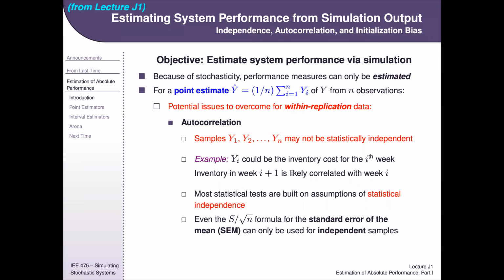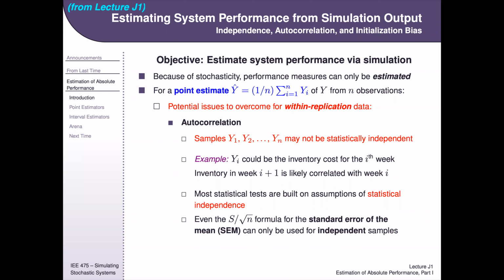So if I had, say, 20 Twinkies on a shelf in week 1, the next week I probably still have close to 20 Twinkies on the shelf. And so whatever it cost me to keep them on the shelf in week 1, it's probably going to cost me similar to that in week 2. So there's natural autocorrelation across time. And that means that's a violation of statistical independence.